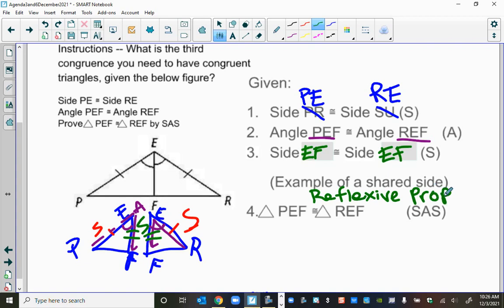Because what's going to happen with the reflexive, basically, you're setting something to equal itself. The only reason we're going to say it's congruent is because EF is in two different triangles. That's the only reason they're going to say reflexive.